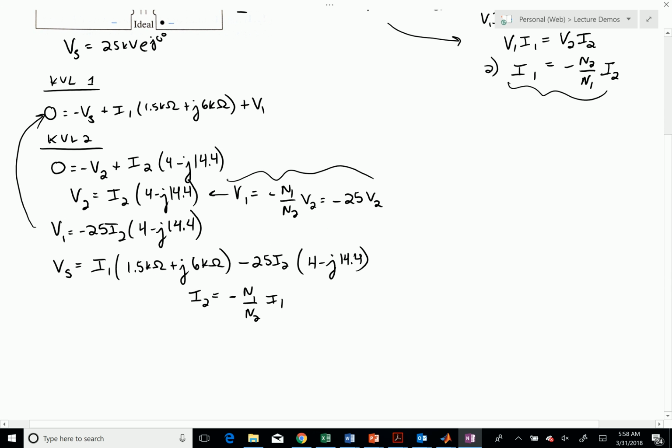And I know that I1 has to be equal to negative N2 over N1 times I2, okay?